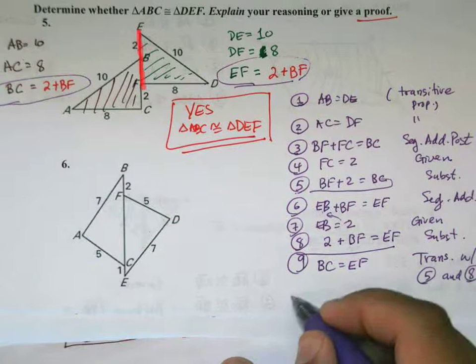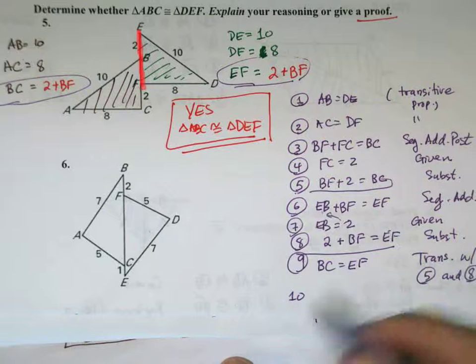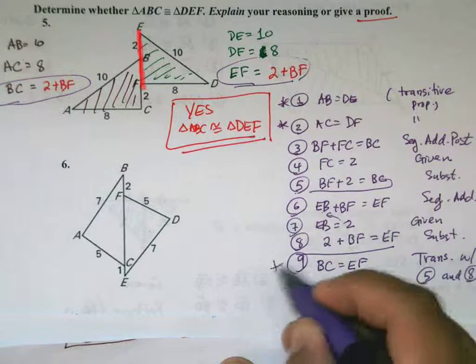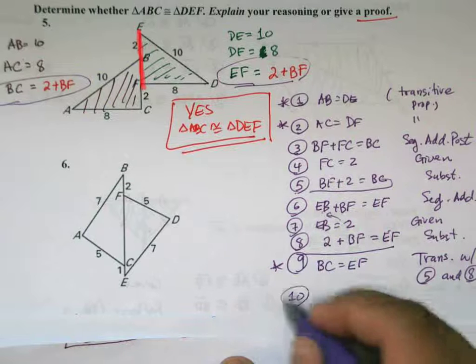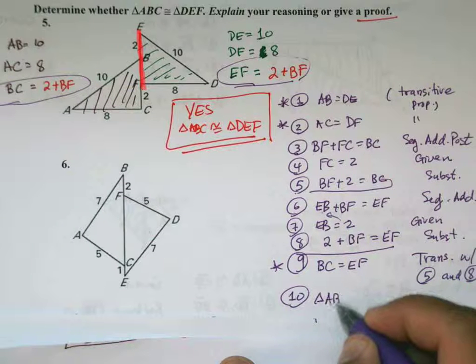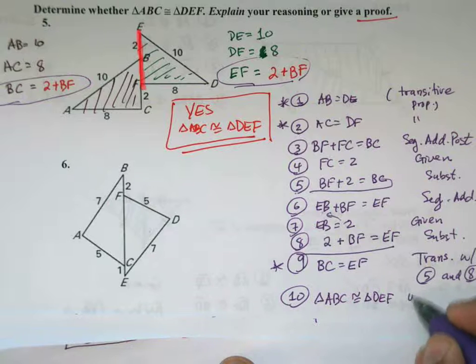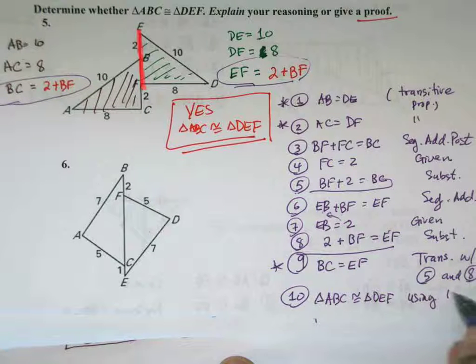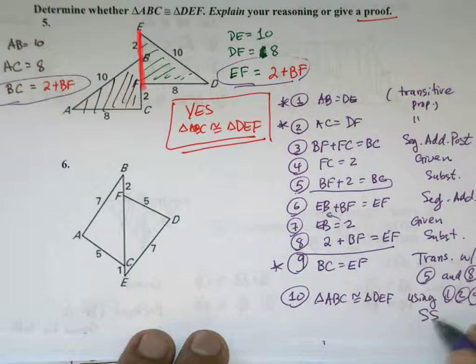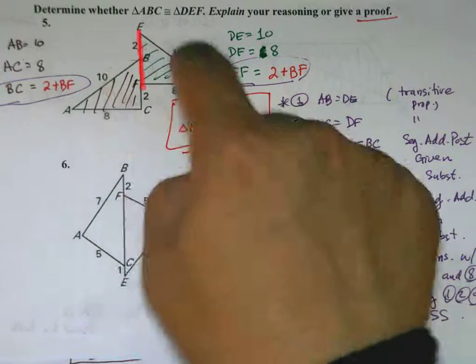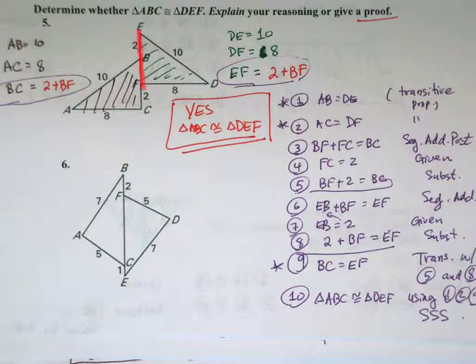And finally, since I have three sides, 1, 2, and 9, I can say that triangle ABC is congruent to triangle DEF, using 1, 2, and 9. This is side, side, side. And so there you have it. These two triangles in this picture are in fact congruent to each other by side, side, side.